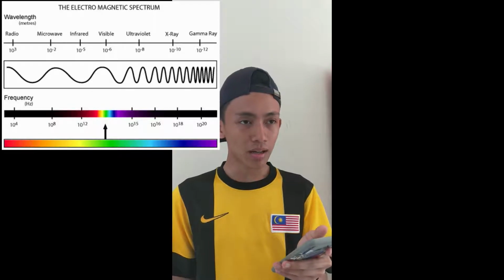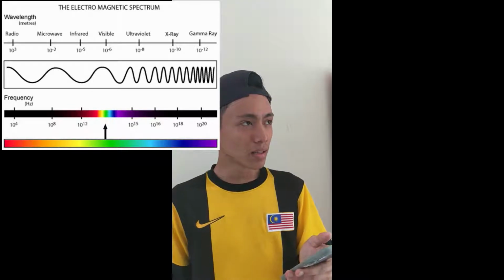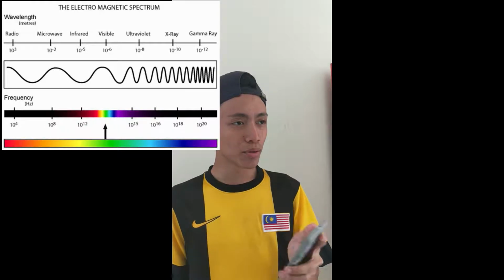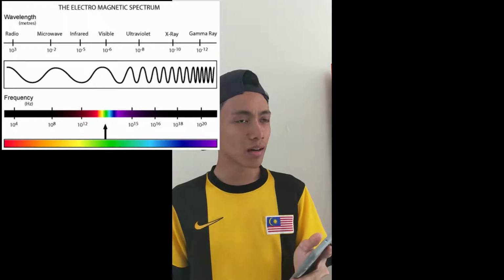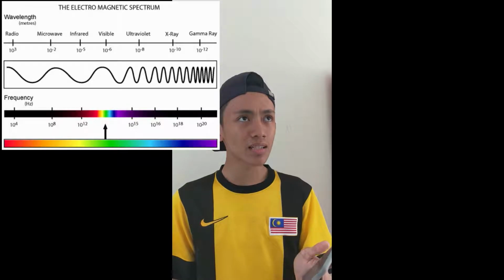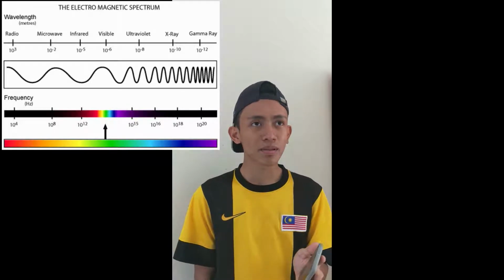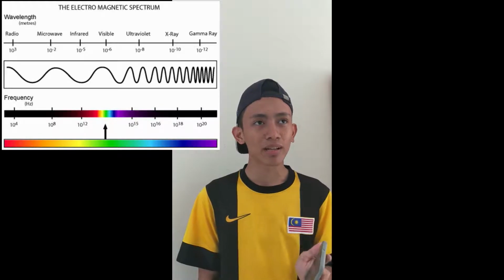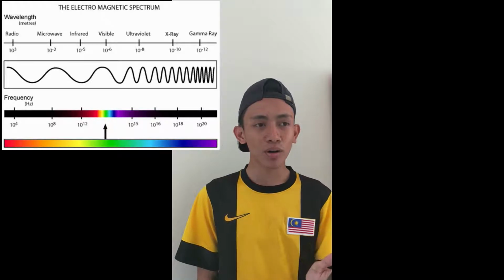Each color has many types of electromagnetic wave. From blue to red, blue has the least electromagnetic wave, and red has more.